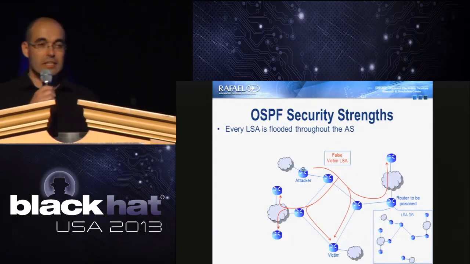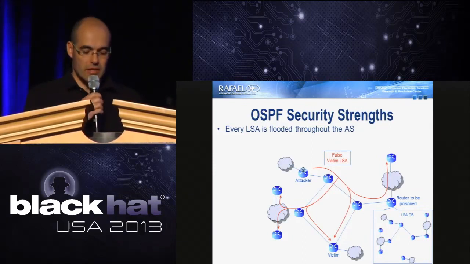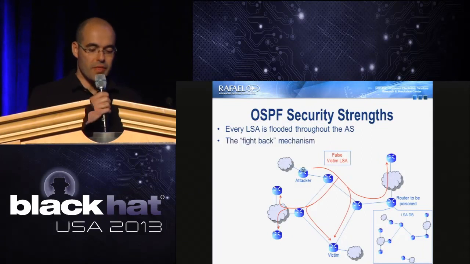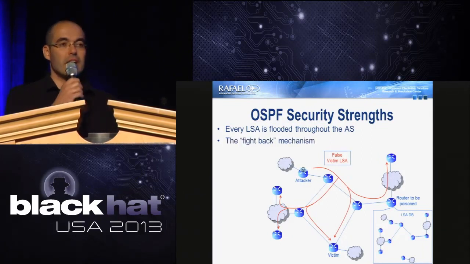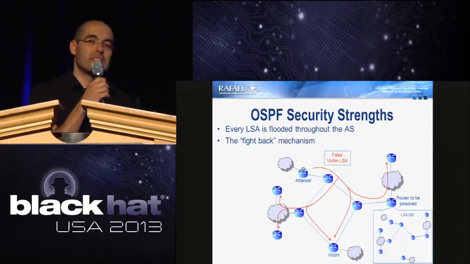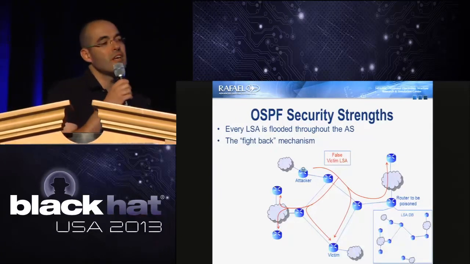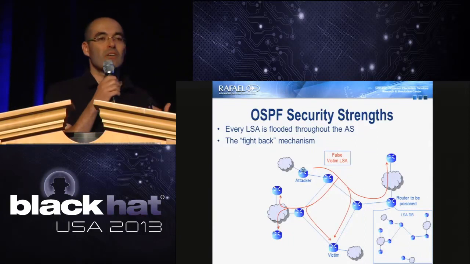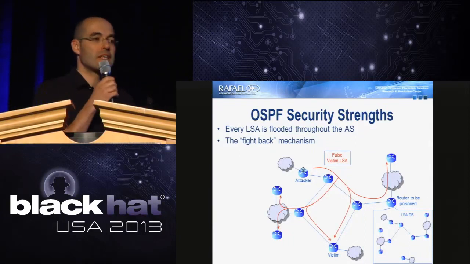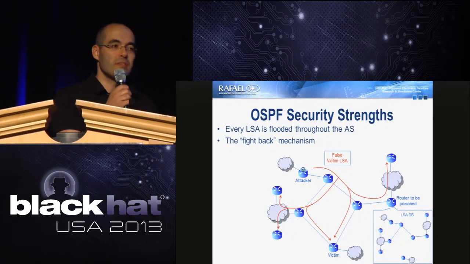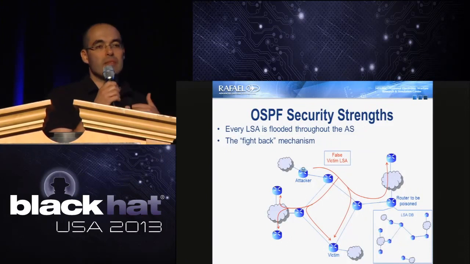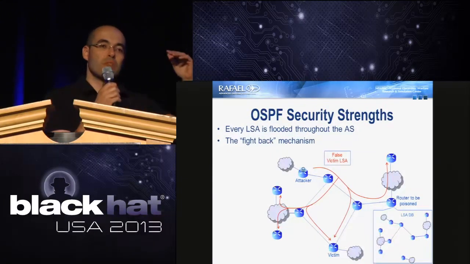Now, this poses a problem for the attacker because of the second security strength, which is the fightback mechanism. The fightback mechanism is defined in the OSPF standard, and it says that once a router receives a false LSA advertised on its behalf, the victim router will immediately send out a correct LSA with a higher sequence number.